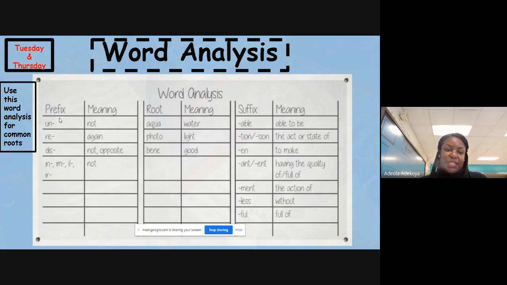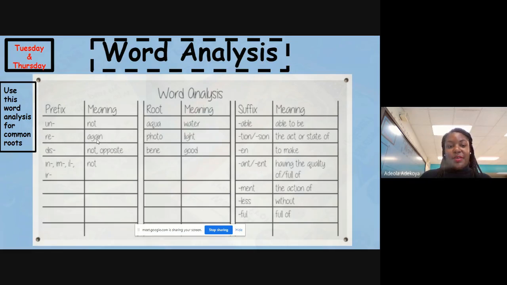So prefixes, we've got un, and what does it mean? The meaning of un is not. So an example would be unfriendly, which means not friendly. Re is another prefix, which means again.